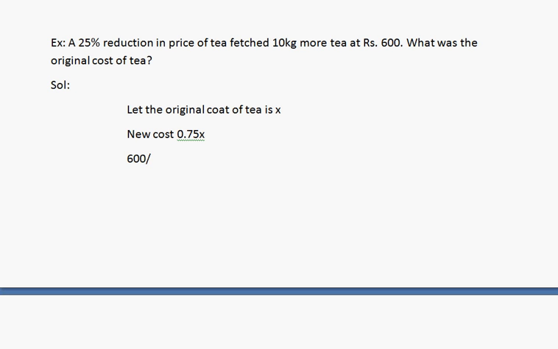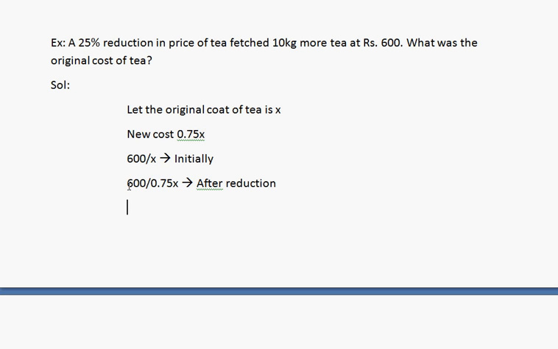It would be 600 divided by x initially, and after the decrease, 600 divided by 0.75x, right? Now this is 10 kgs more than this, right? So we can make an equation out of it.